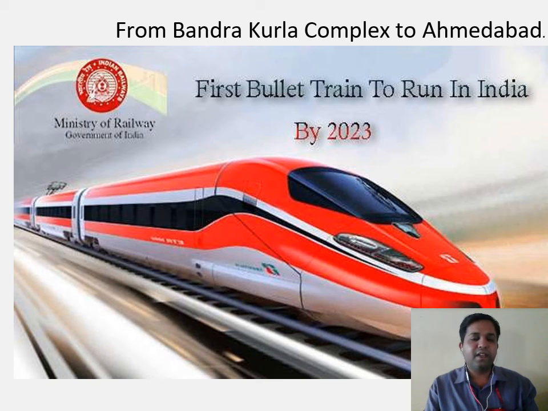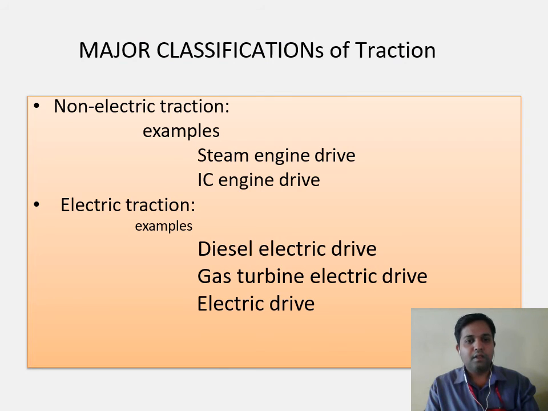So these are the various types of traction systems we know about. In detail, we are going to study the difference between a non-electric traction system and an electric traction system. In brief, let us classify once again the types of traction system.